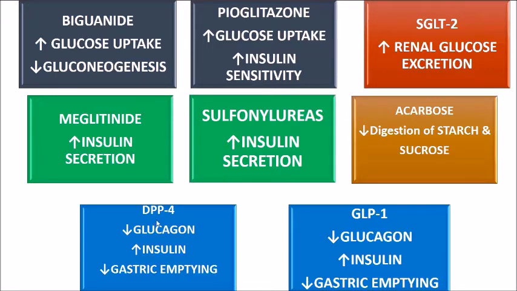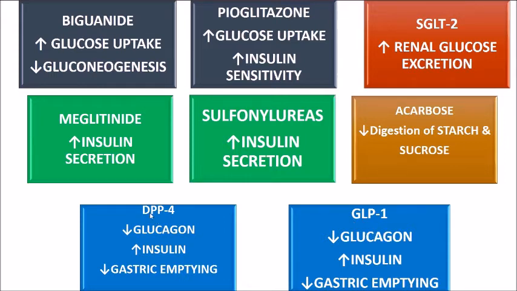The other class is the dipeptidyl peptidase inhibitors and the glucagon-like peptide 1 agonists, which have very similar actions. Glucagon-like peptide 1 is synthesized in the gastrointestinal tract, especially in the small intestine and the colon, and it is a hormone which increases the secretion of insulin, reduces the secretion of glucagon, and slows gastric emptying.